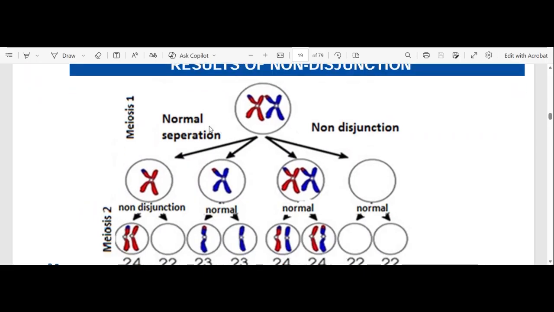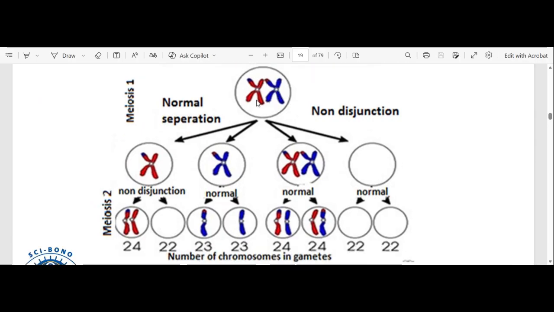Okay, so this is a cell. This is a diploid cell. We start with two chromosomes. Does that make sense? And you can see there's a normal separation in these cells. You have one chromosome here, and you have one chromosome here.